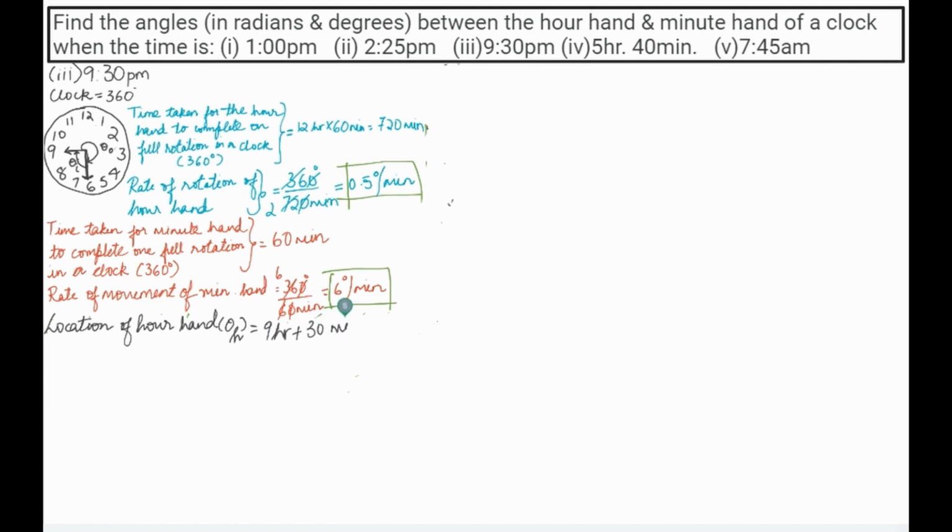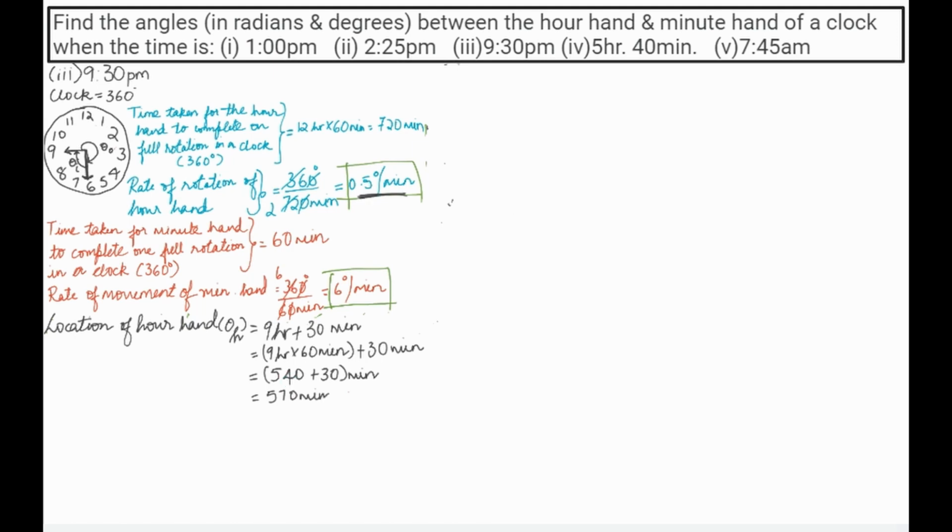In terms of minutes, it is 9 hours into 60 minutes plus 30 minutes, which is equal to 540 plus 30 minutes, which is equal to 570 minutes. Our hour hand has moved 570 minutes.